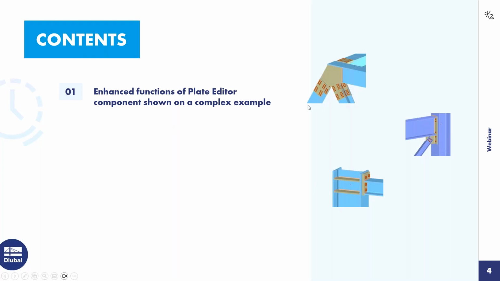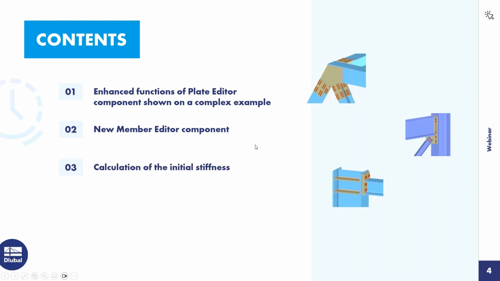To the agenda today, the first point is I introduce a quite new feature, the plate editor. Now, I showed it on a complex example. I will enter the plate here and cut it, and show you the finished connection. So the first point is the new member editor component. I will introduce it as well on another example.